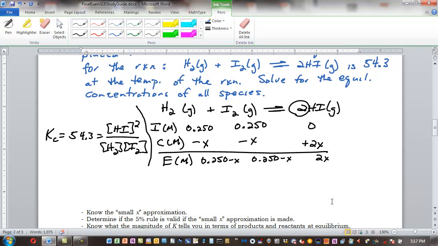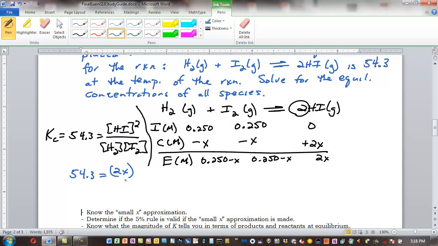Any questions on setting up the ice table? You'll probably have to do a few of these on the final. All right, what do we do with those equilibrium amounts in terms of x? Plug them in. So we have our expression here. Plug those in. Don't forget that you see the coefficients twice.